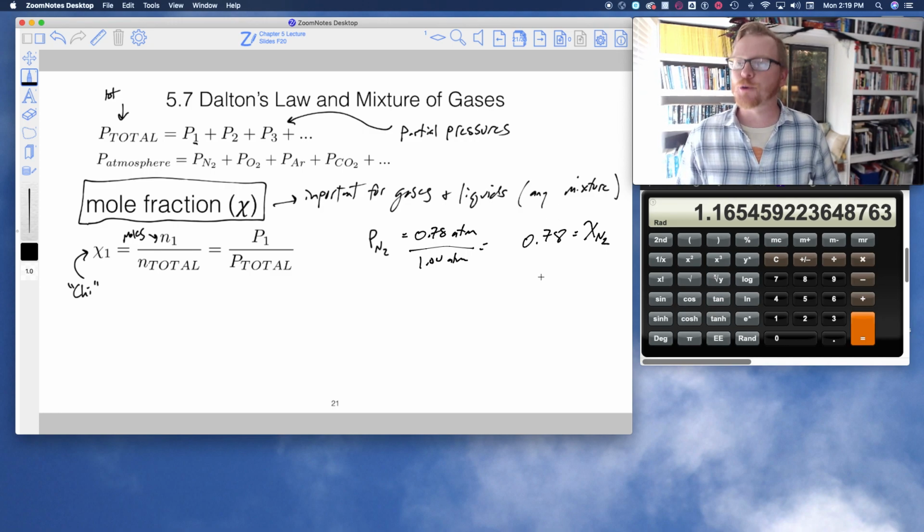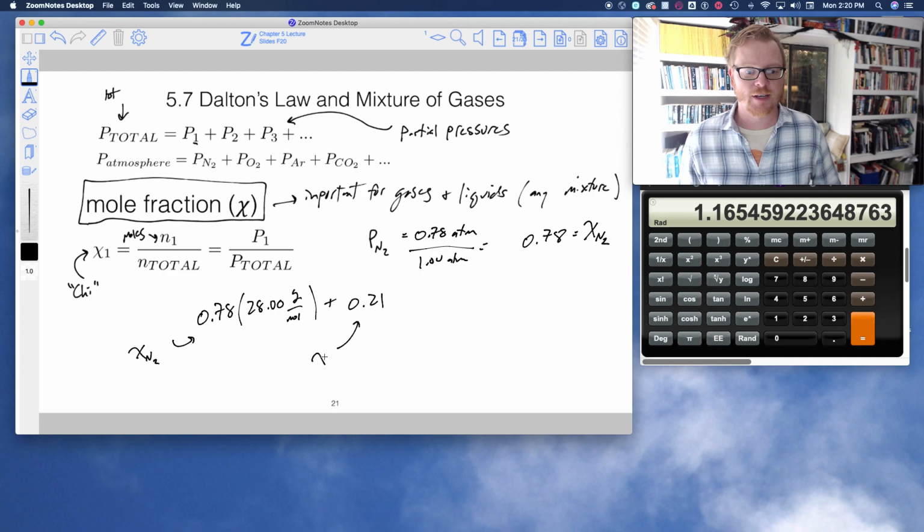And so this is how you get the average molar mass of air. It actually comes from the fact that you have 0.78 as the mole fraction for nitrogen times 28.00 grams per mole, plus the mole fraction of oxygen. So I'm going to say this is chi N2. This is chi O2, which is 0.21, and the molar mass of that is 32.00 grams per mole.